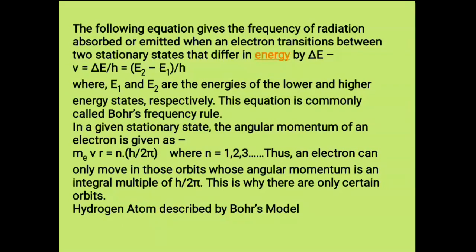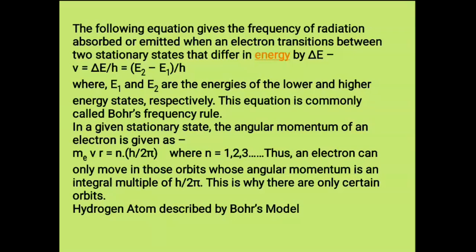Now the following equation gives the frequency of radiation absorbed or emitted when an electron transitions between two stationary states that differ in energy by delta E. We can express it in terms of frequency: nu is equal to delta E upon h, or nu is equal to E2 minus E1 upon h.